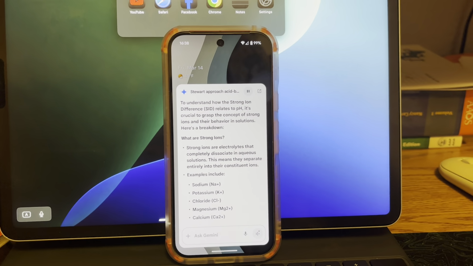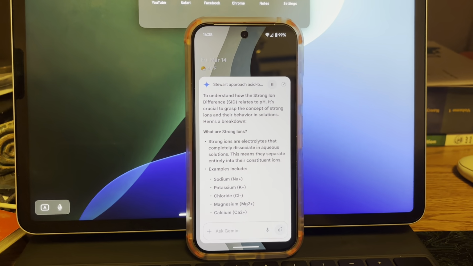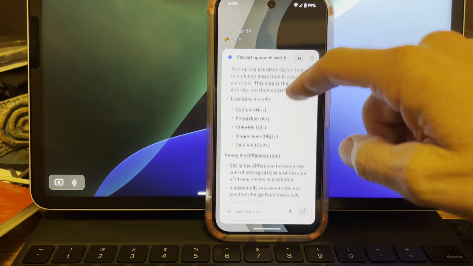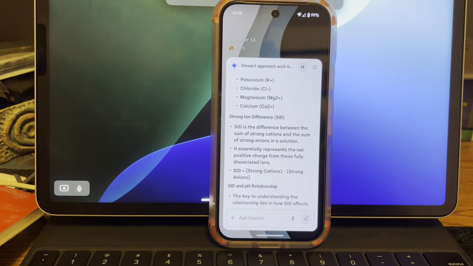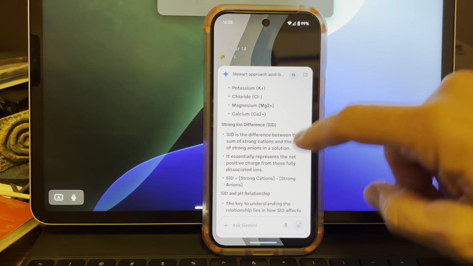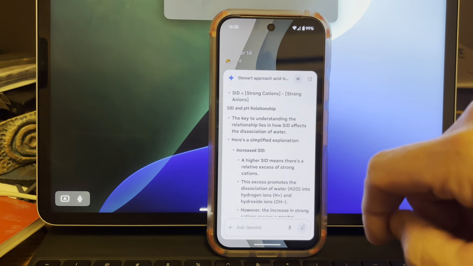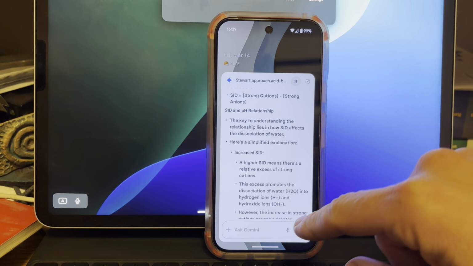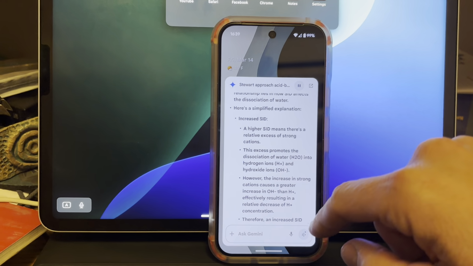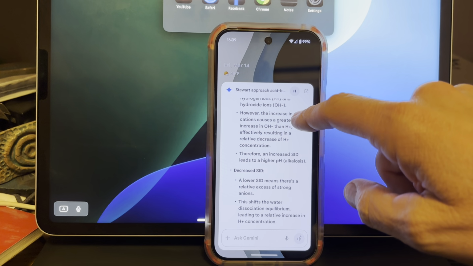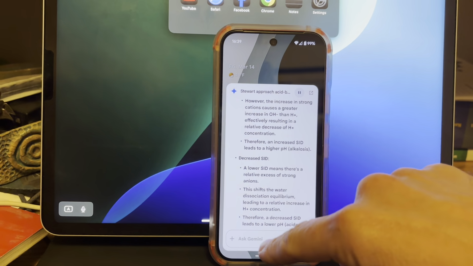Examples include sodium, Na+, potassium, K+, chloride, Cl-, magnesium, Mg2+, calcium, Ca2+. Strong ion difference, SID. SID is the difference between the sum of strong cations and the sum of strong anions in a solution. It essentially represents the net positive charge from these fully dissociated ions.